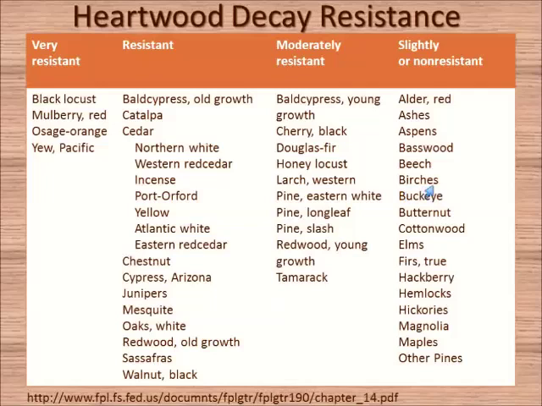And then in the middle we have trees that are often used for street trees, oaks, which are somewhat resistant to decay. And another very common tree around here is eastern white pine, which is again moderately resistant. But most of the hardwoods that we see planted along streets in the Northeast, the heartwood is non-resistant to decay.